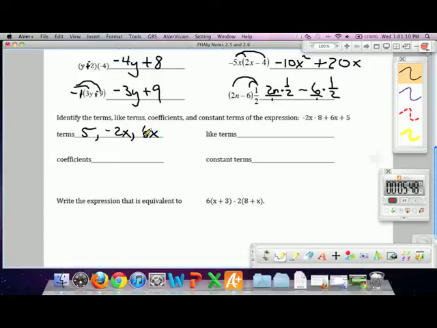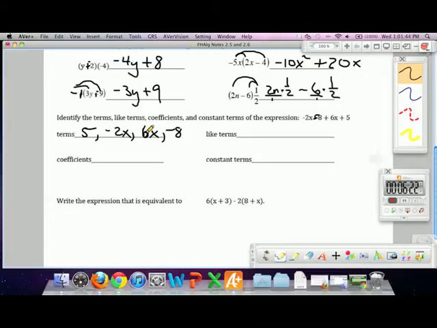Negative 8. Subtraction will change to plus and negative. The terms are the individual groups. I changed any subtractions to plus and negative, and the terms are anything that's separated by addition, by adding. So any group that's just multiplied together and separated by addition is called a term.